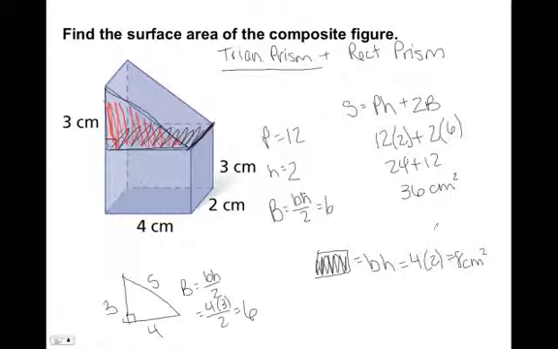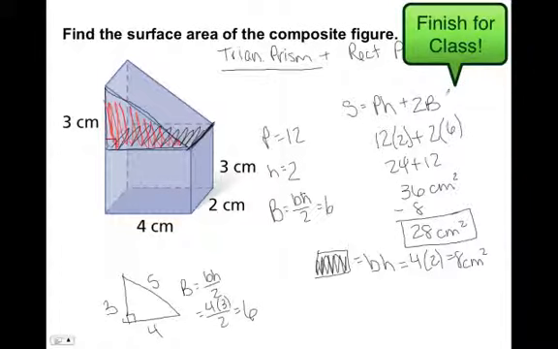So we have to subtract these two, and we get that the triangular prism has a surface area of 28 square centimeters. Now remember, this is just the surface area that we see. So now what I want you to do is do this rectangular prism and then think about what you do in order to find the surface area of the composite figure. So the rest of this problem is due in class.